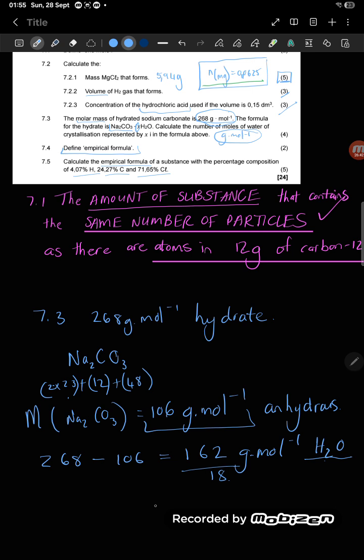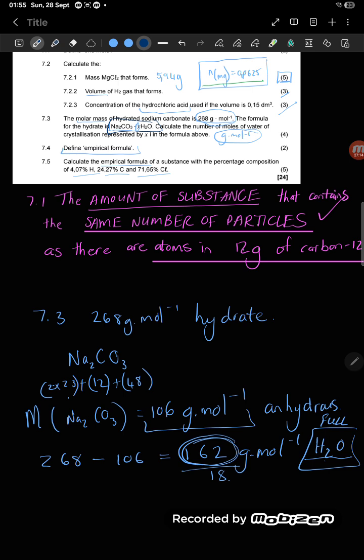So I'm going to have X. I've got this many grams per mole of the full amounts of H2O in this formula.